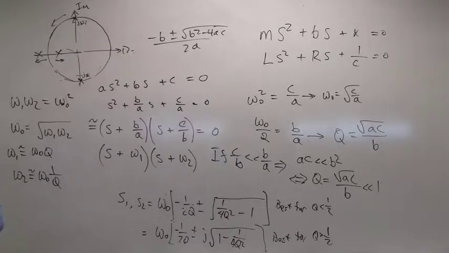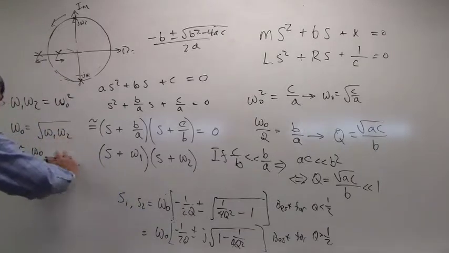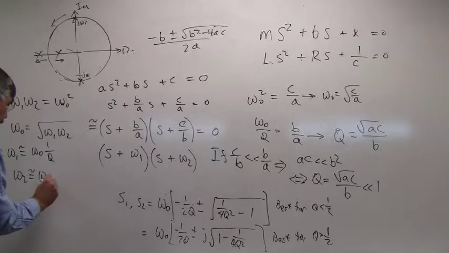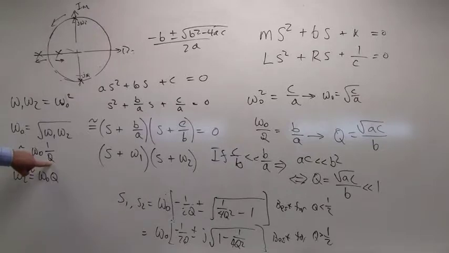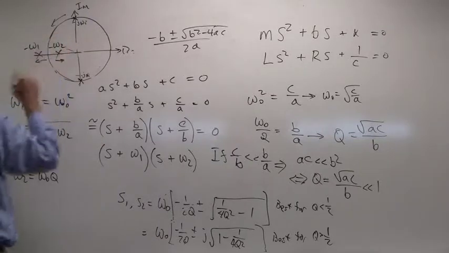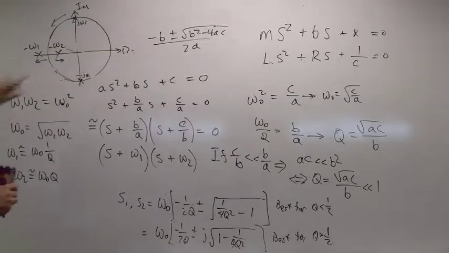Let me just make sure I got them the way I wanted them. I think I want to do them the other way, just to be consistent with my times 1 over Q and times Q. So let's see. Q is getting smaller and smaller, so omega 1 is the one that's getting bigger, and omega 2 is the one whose magnitude's getting smaller.